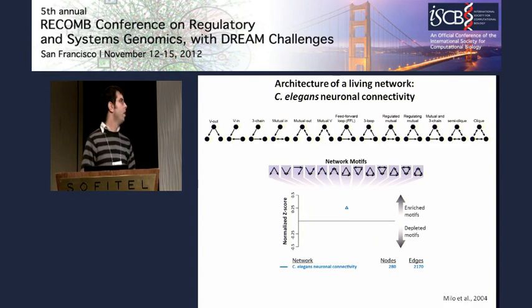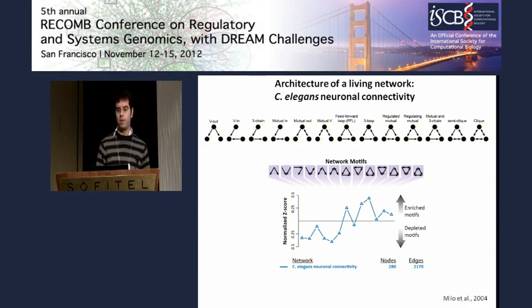For example, feed-forward loops within this network are found more often than random. If you do this for all 13 network motifs, you get a snapshot of the building blocks of that network. In this situation, you see that the feed-forward, the regulated and regulated neutral, as well as the clique and semi-clique are enriched, whereas these network motifs are depleted.